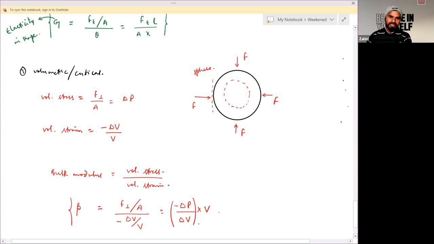So from this, we may define bulk modulus as, it defines you compressibility or rigidity of that particular object. Is it clear? Yes, sir.